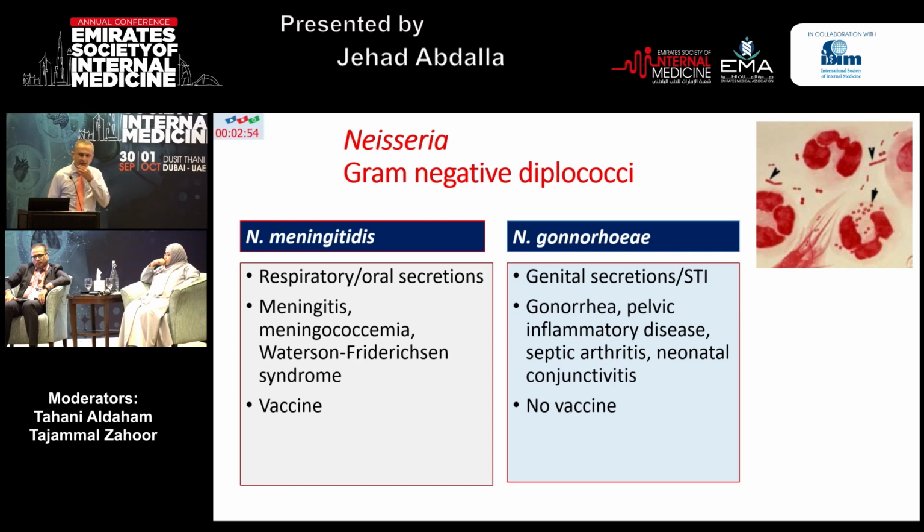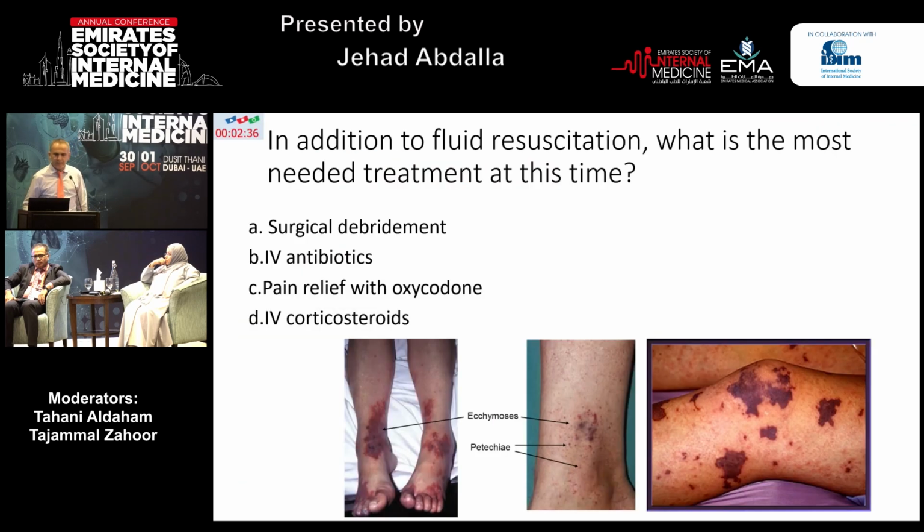Or it comes with a bad version. It causes respiratory disease. First, it stays in the oral cavity and the respiratory tract, causing meningitis, meningococcemia, sometimes hemorrhage in the adrenal gland. And there's a vaccine for that, no vaccine for the other one.